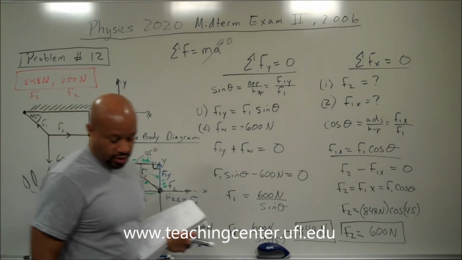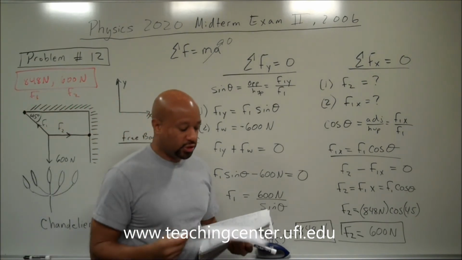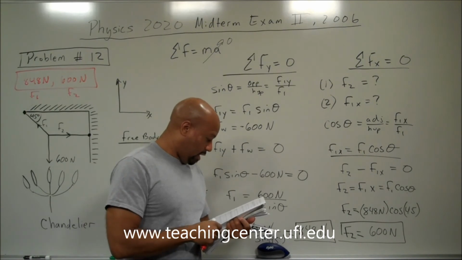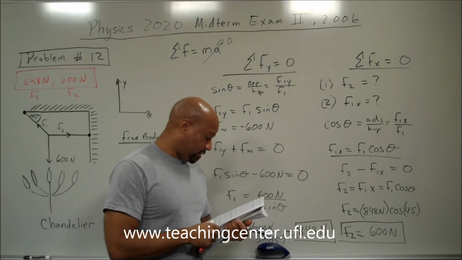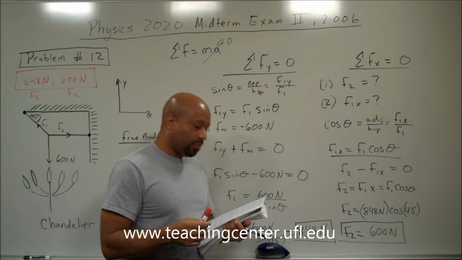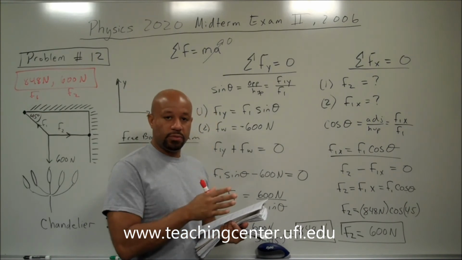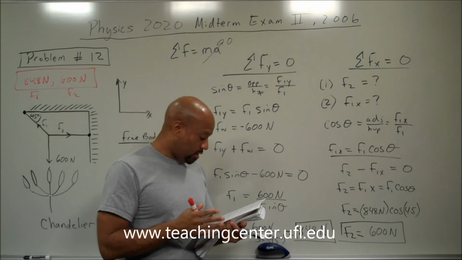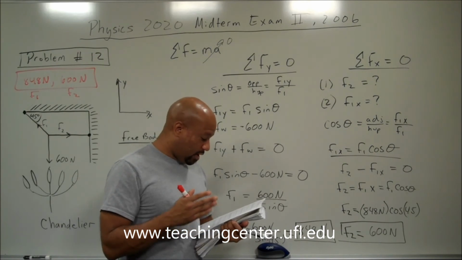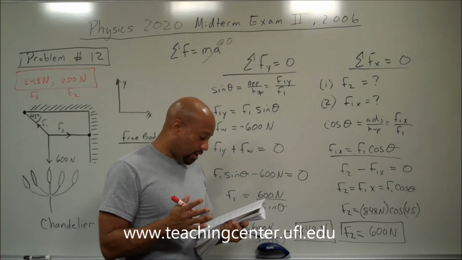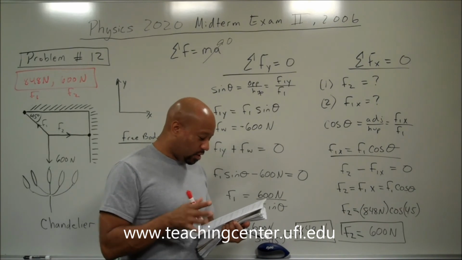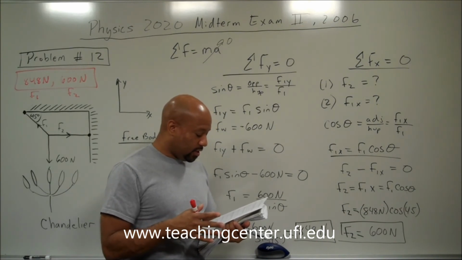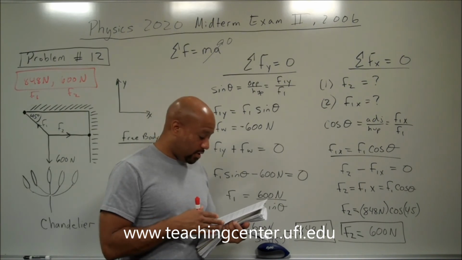And we look at the potential solutions, and we see an 845. Remember, they're listing them in order, so the first number that you see in the solution is F1. So if we look at all of them, we have 600, so that's not right. 845, well, that's close, but if you look at the second, the F2, it's another 845, so that can't be right.